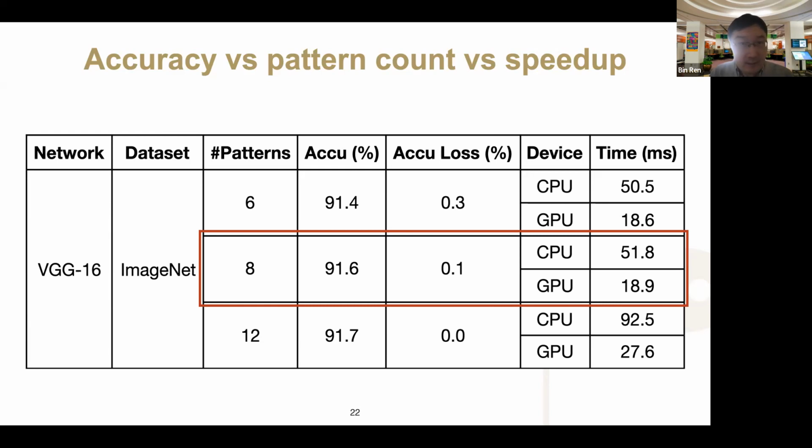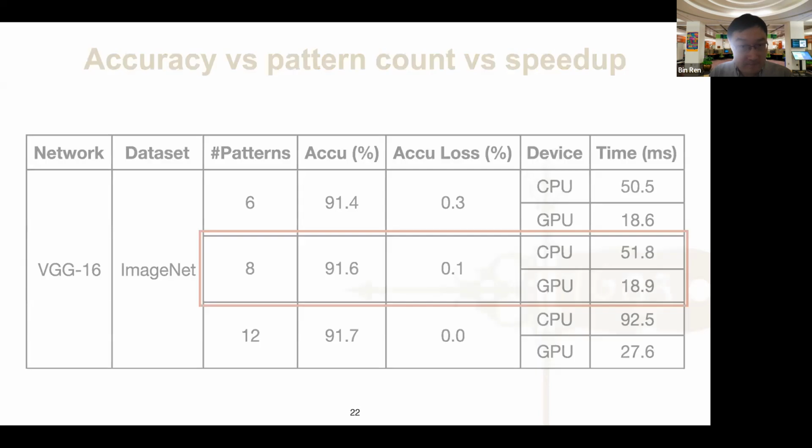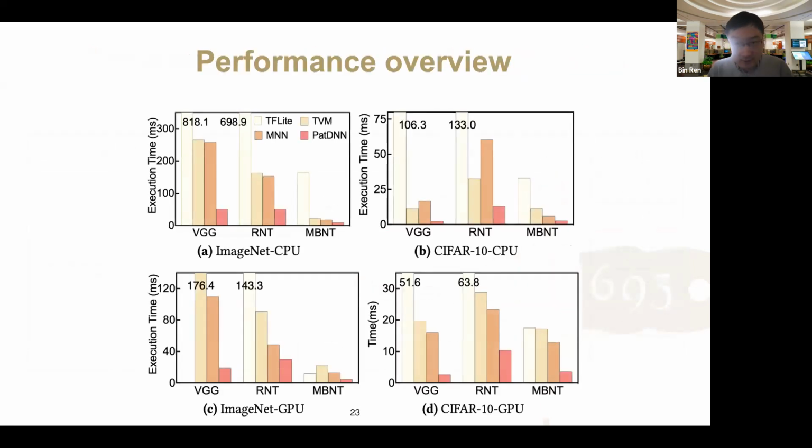So this is the first evaluation. And let's look at the next evaluation. In this evaluation, we show the overall execution performance on both CPU and GPU. We also show the results on 2 datasets. One is ImageNet, another one is CIFAR10.